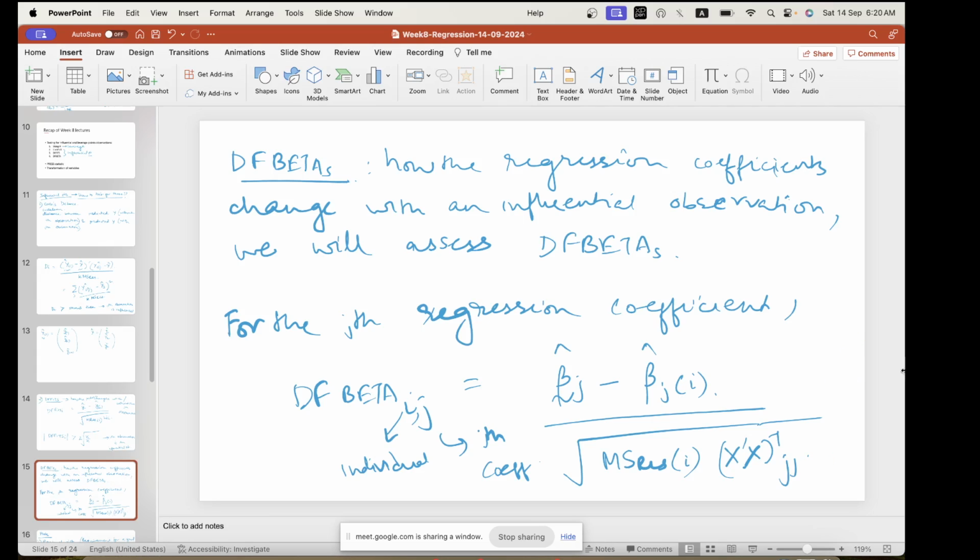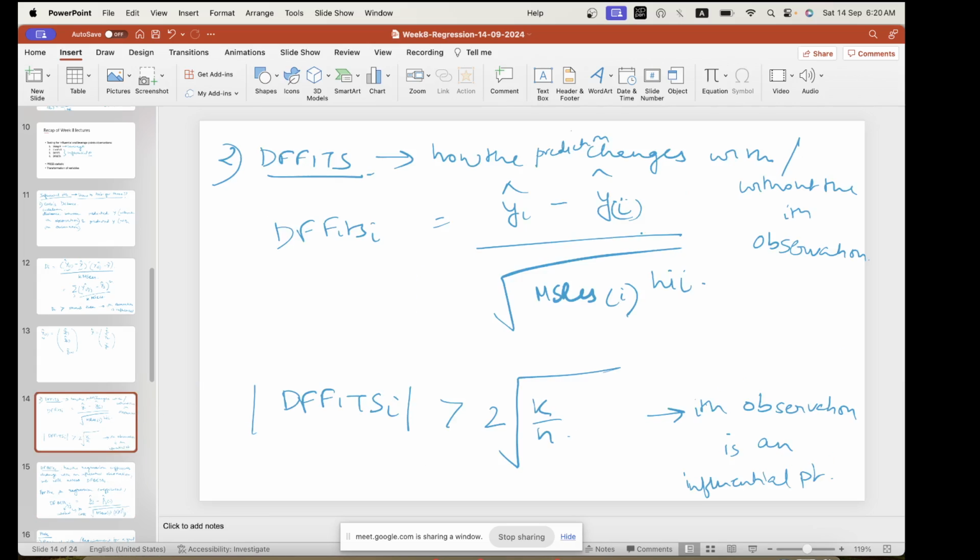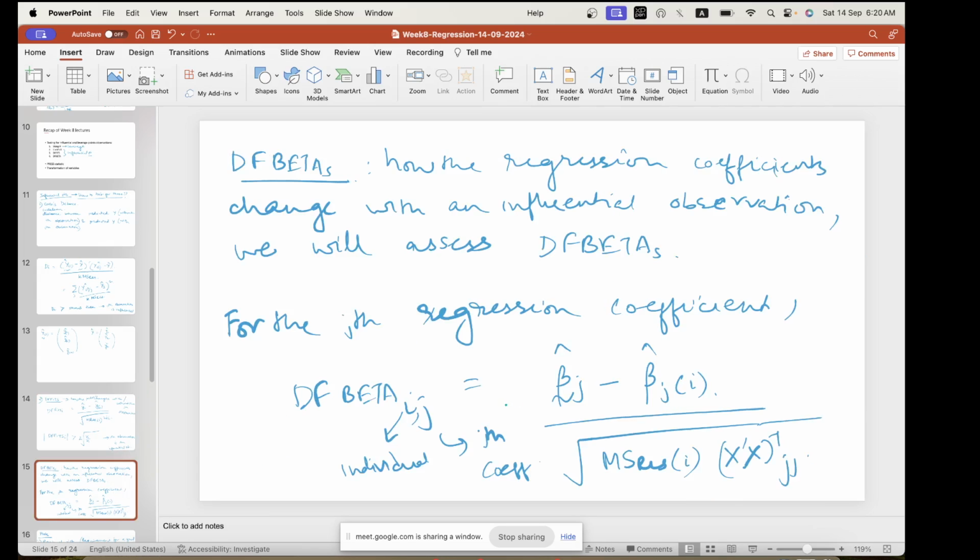So what's the difference? Here we had y hat predicted minus yi and hii, but here we have the same thing written in terms of betas, and instead of hii we have X transpose X inverse jj.